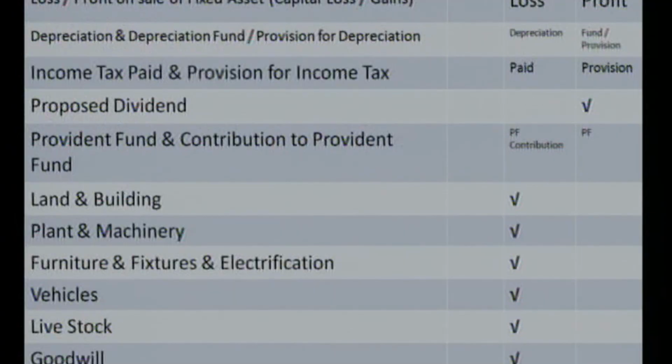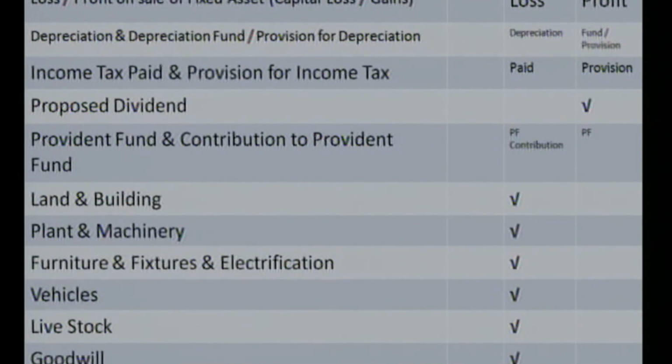Next one, again on your screen, provident fund and contribution to provident fund. This is very important. The business has to contribute to the provident fund of the employees or the workers. It is the expenditure for the business, and the business has to manage the provident fund of the employees throughout the employees' employment.